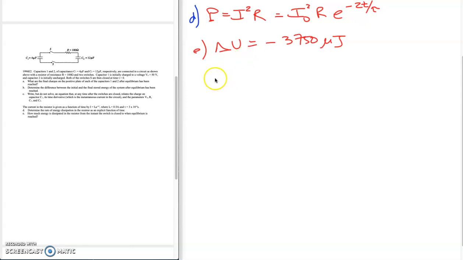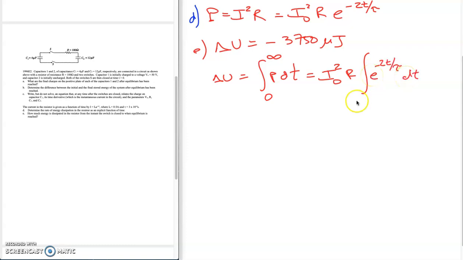Or you could say the energy dissipated is the integral of power as a function of time. And then you can take this expression here and integrate it between 0 and a very long time later. So that will be I naught squared R integral e to the negative 2t over tau dt from 0 to a long time later. Keep in mind, a long time later for an electron could be a couple of microseconds.